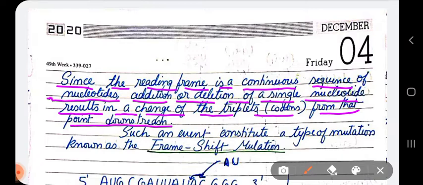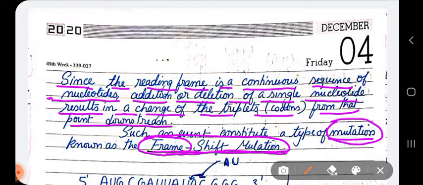Mutation means changing the nucleotide sequence of the DNA, which codes for an abnormal protein product. That is known as frame shift mutation. Frame shift mutation means the open reading frame is shifted due to the addition or deletion of a nucleotide in the coding region.